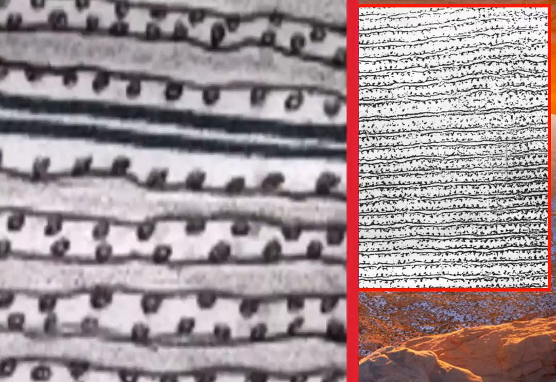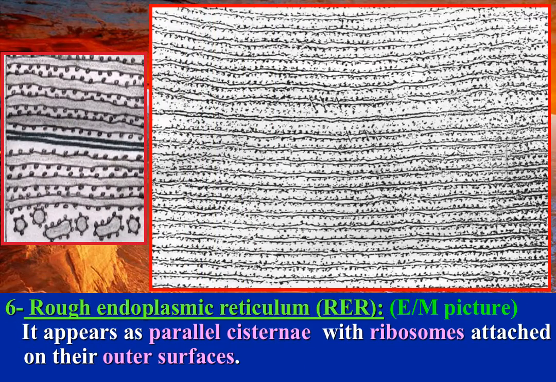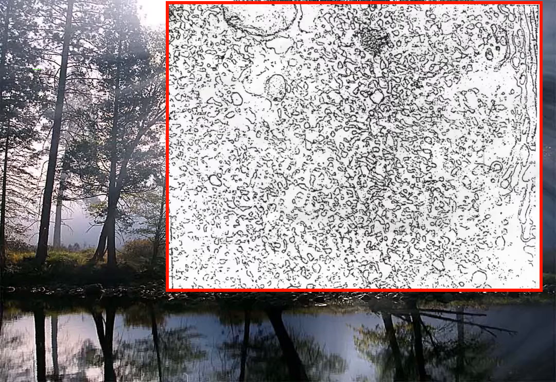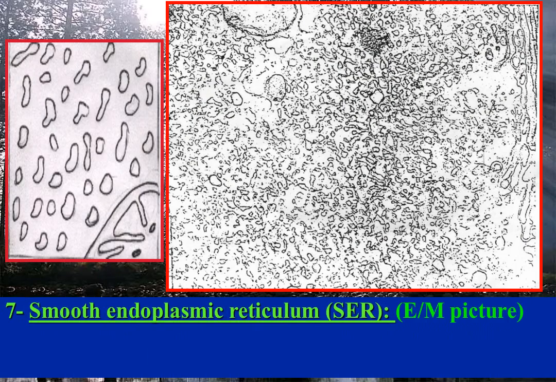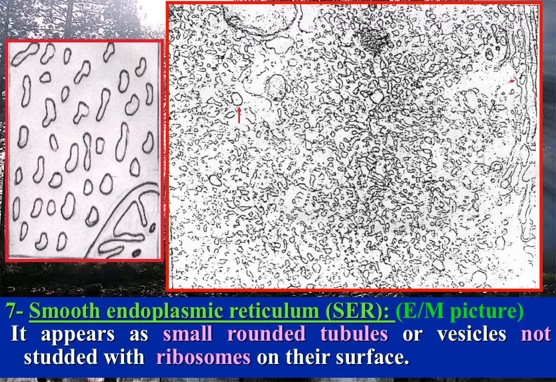Rough endoplasmic reticulum appears as parallel cisternae with ribosomes attached to their outer surfaces. Smooth endoplasmic reticulum appears as small round tubules or vesicles not studded with ribosomes.